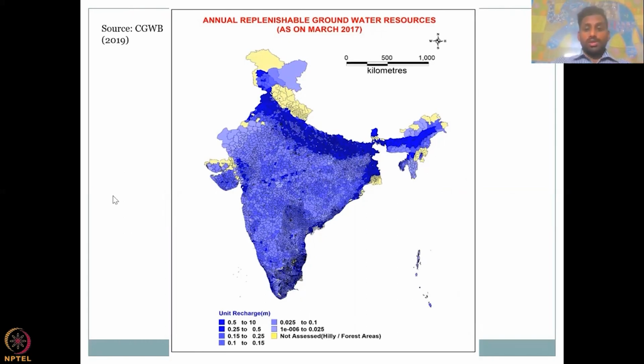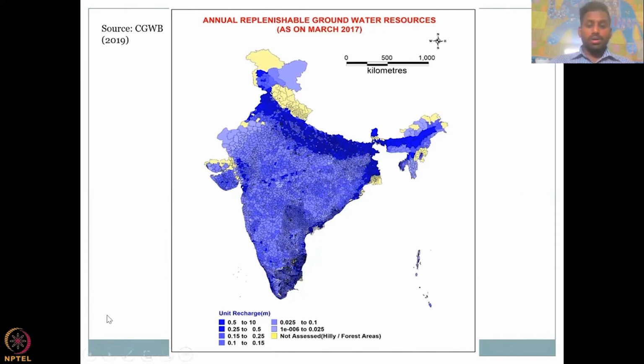What you also see is in some other regions in India, central and southern, a lot of blue color, which shows good groundwater recharge, mostly in the regions where the water bodies are available, the Kaveri Basin, for example, in the south, and also regions where there is a good amount of rainfall. For example, your Western Ghats, where the rainfall can reach up to 3,000 millimeters per year, compared to central parts of India, where it is around 600 to 700 millimeters per year.